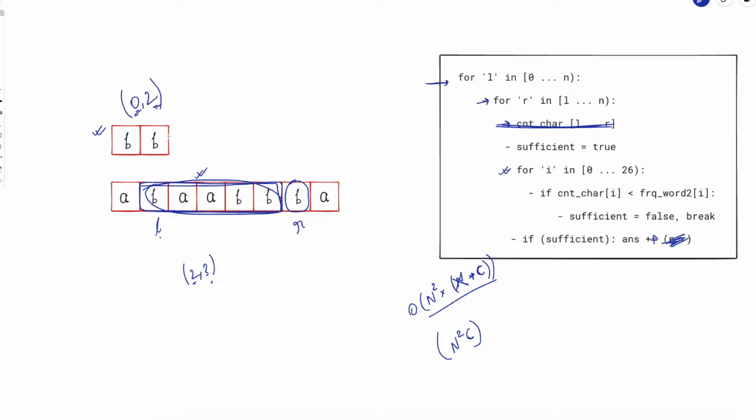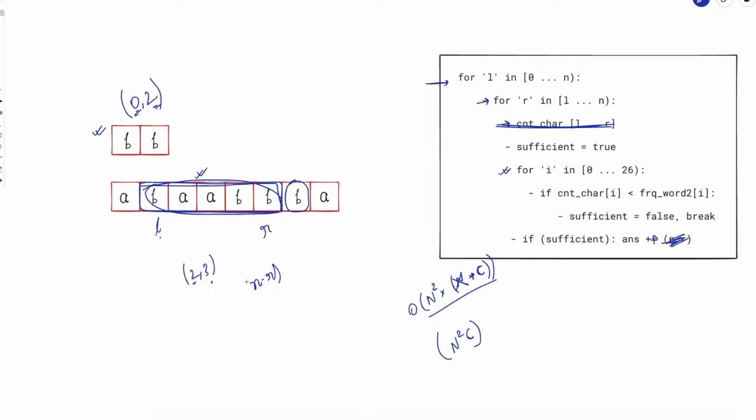So do you really need to iterate over every R here? The answer is no. You just need to figure out the first R which is sufficient to form every character that is there in word 2. And once you figure out the first R, you can simply add n minus r to your answer, because after this r, every position will be valid, right?